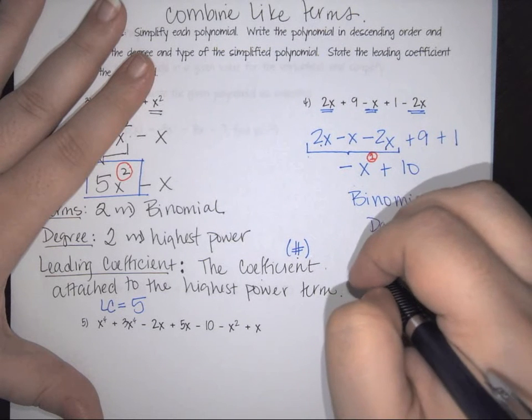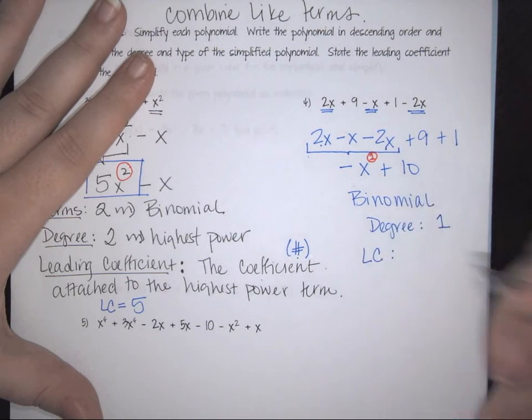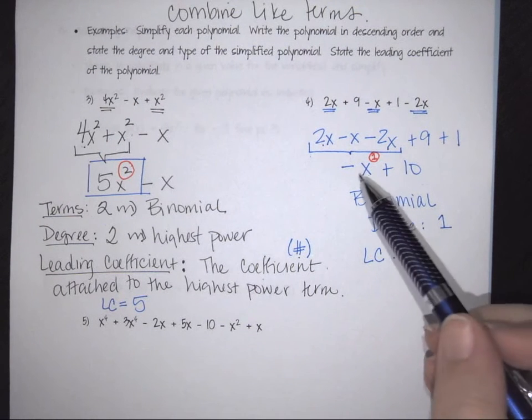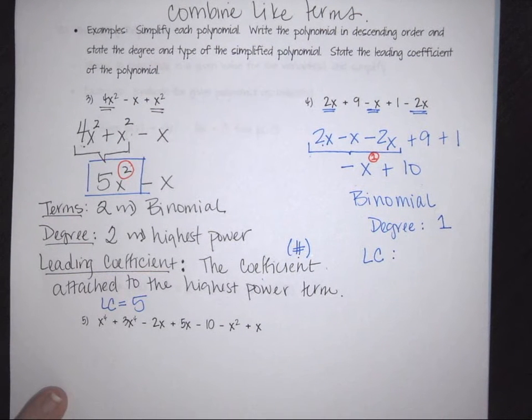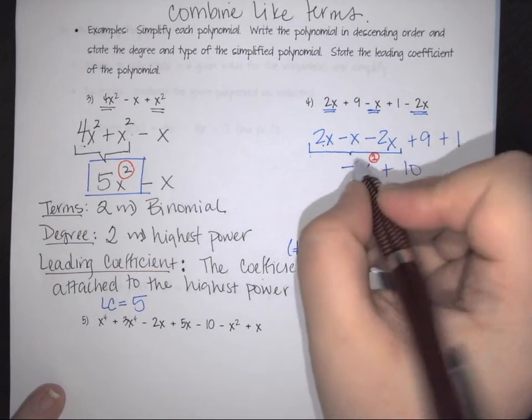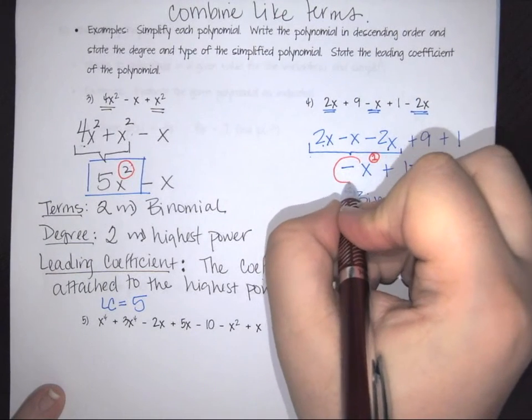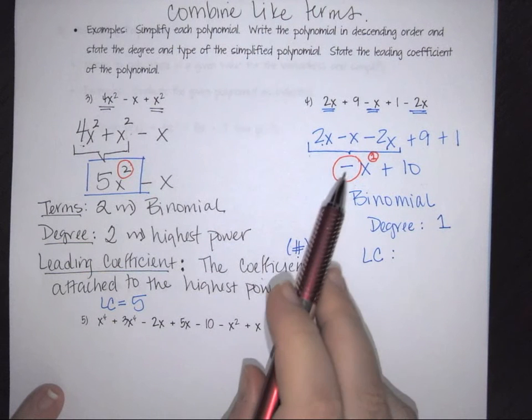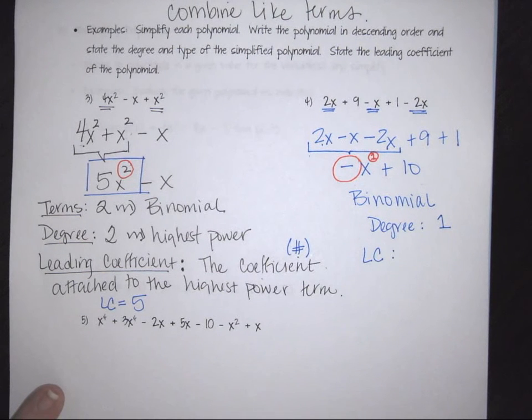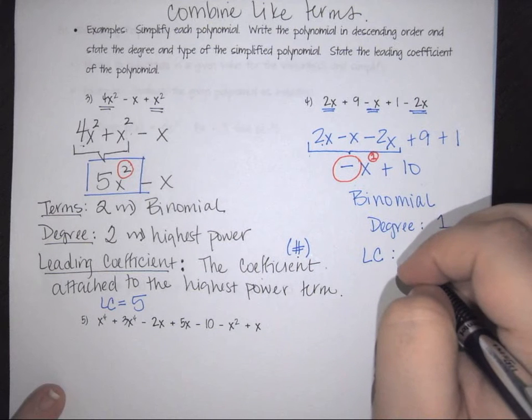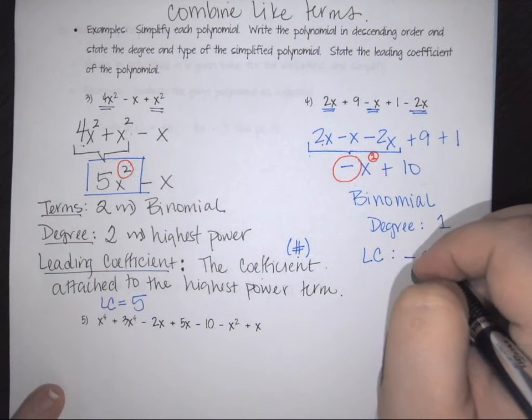And then when I'm looking for that leading coefficient, I'm looking at the number attached to the x variable. So specifically I'm looking at this number that falls right here. Since I only have a negative written, remember that's an understated 1. So here my leading coefficient is a negative 1.